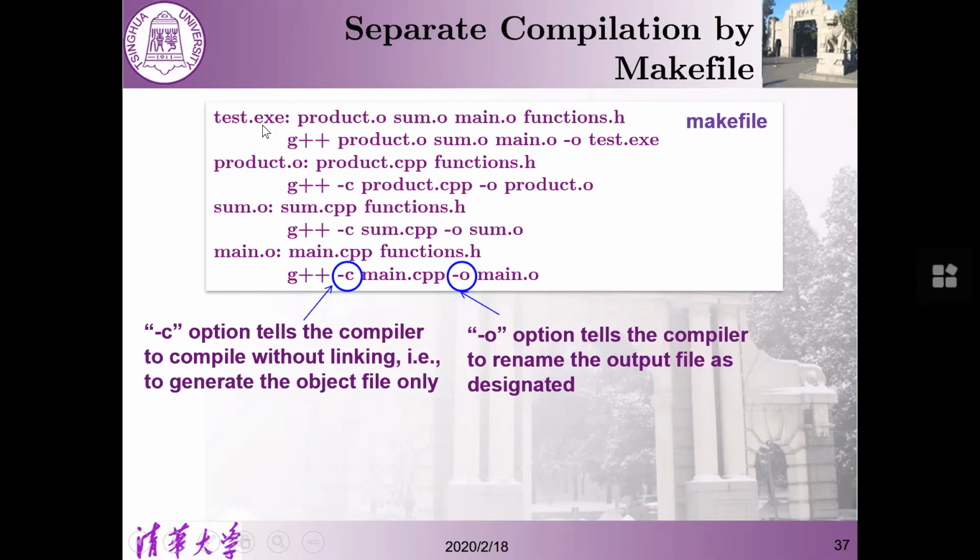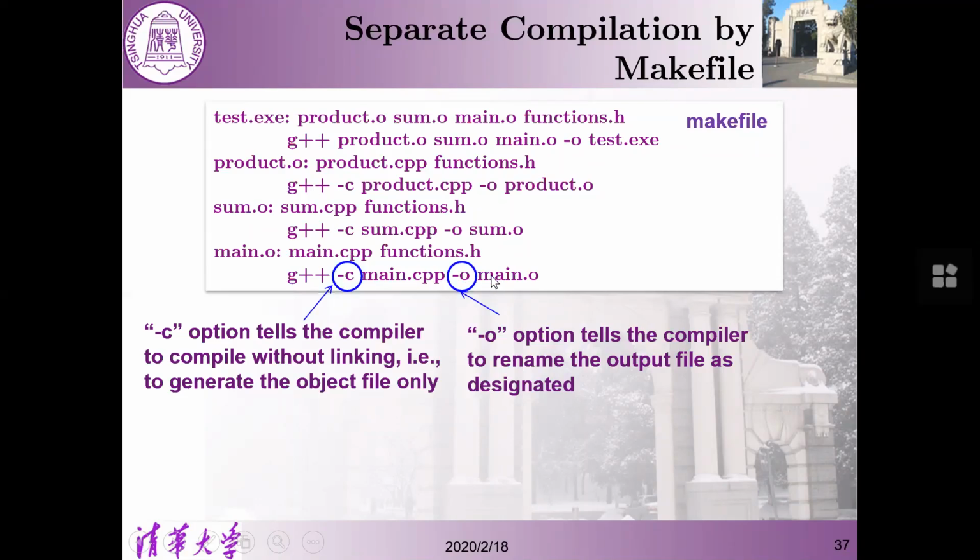You can see here, this executable depends on the object files and the header files, and then the object file depends on the source file and header files. If, for example, we modify main.cpp, then main.cpp will be newer than main.o, then this dependency rule will be triggered, right? Then this command will be called.